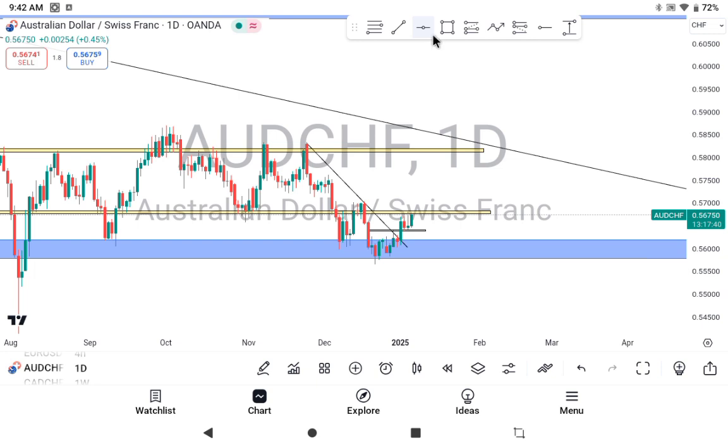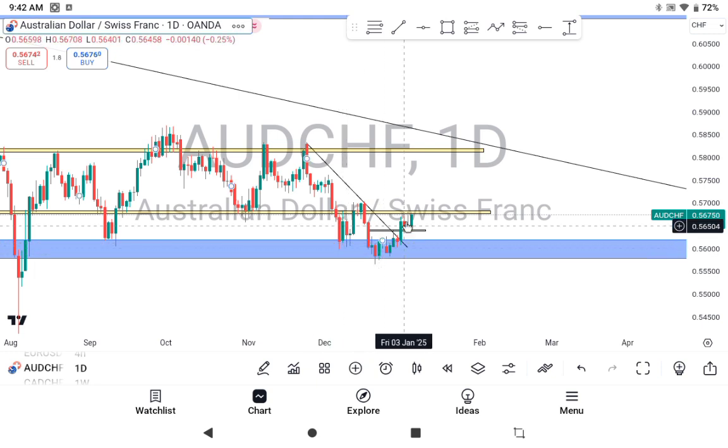This is a left shoulder, this is a head, and the right shoulder might form right here to blow it up. It might do that, it might not.